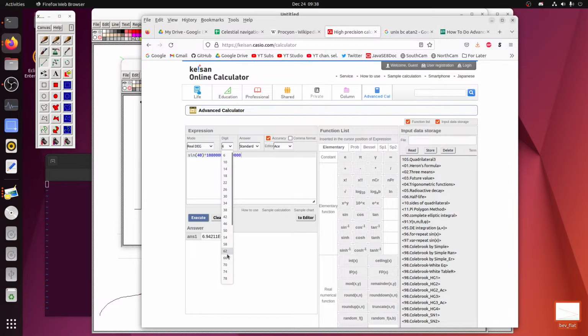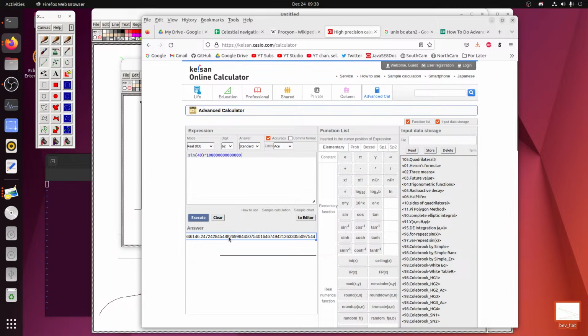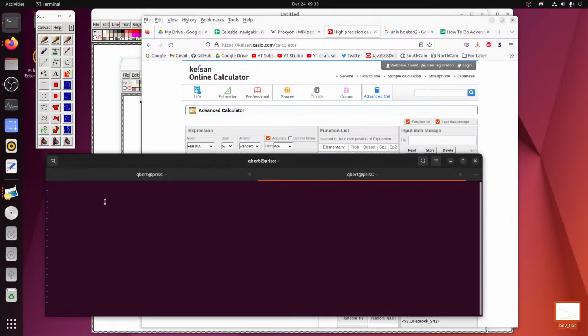Now let's go with 62. Let's try that again. Okay, so that's going to be my sine. That's going to be along the y-axis.